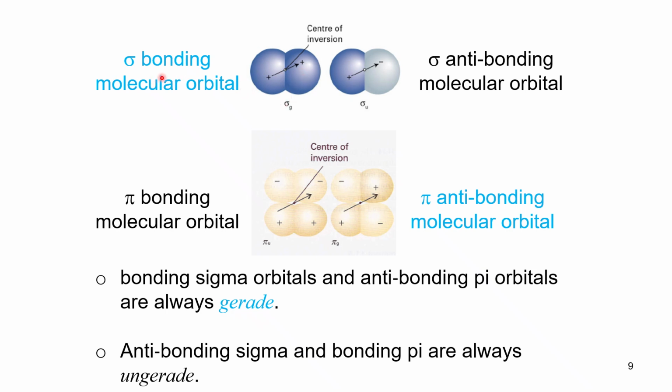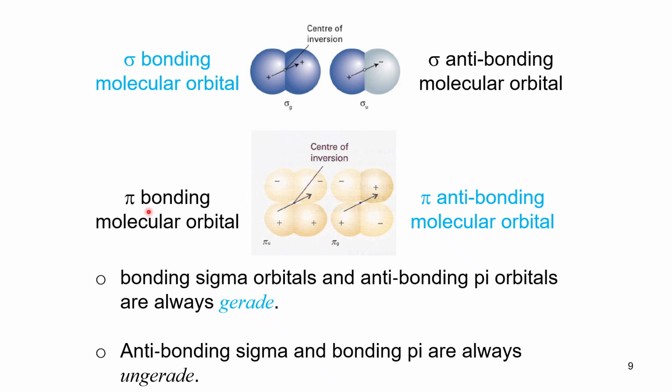So for the sigma bonding molecular orbital, after the inversion, the sign of the wave function remains the same, positive and positive. So we say that sigma bonding has the parity of gerade. For the sigma antibonding, after the inversion, the wave function sign changes from positive to negative. Therefore, the sigma antibonding molecular orbital is categorized as antisymmetric, or ungerade, with the symbol u.